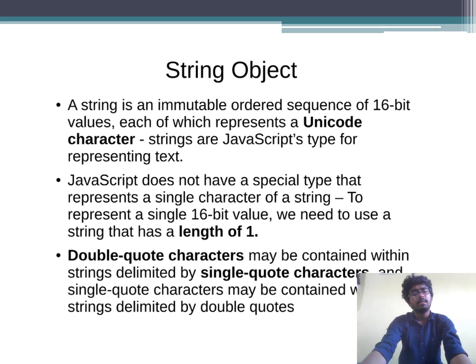To represent a 16-bit value, we need to use a string that has a length of 1. Double quote characters may be contained within strings delimited by single quote characters, and single quote characters may be contained within strings delimited by double quotes.